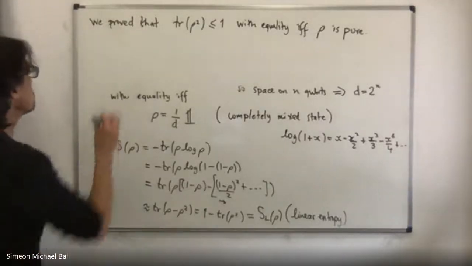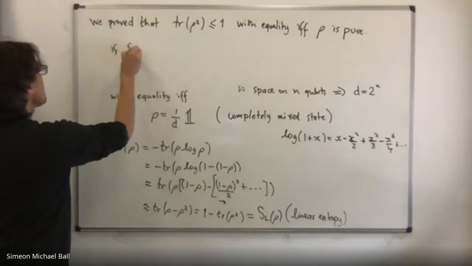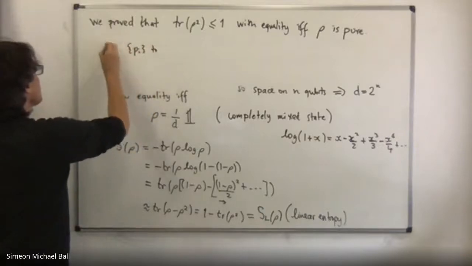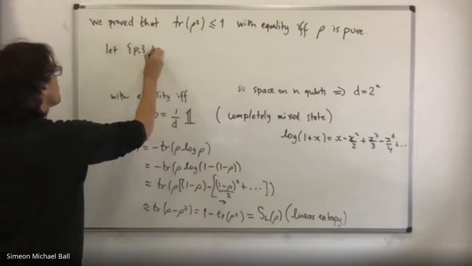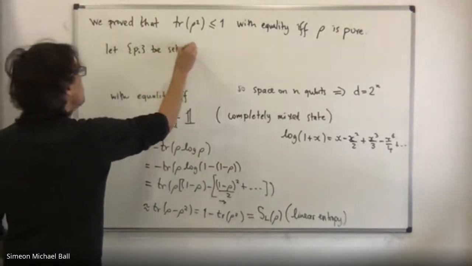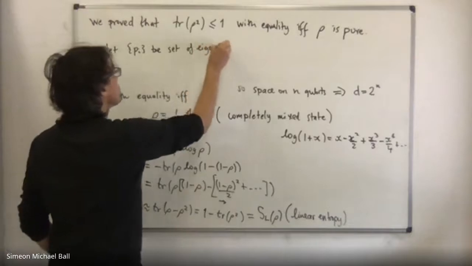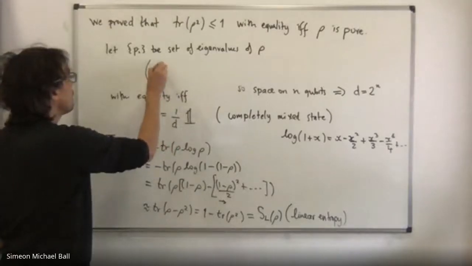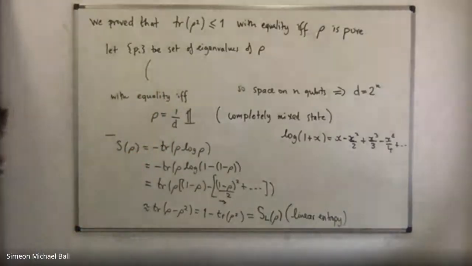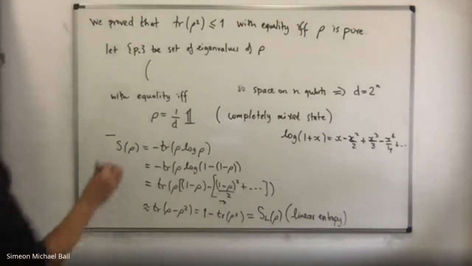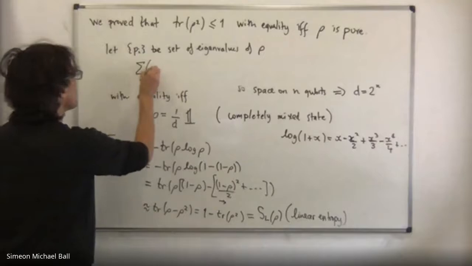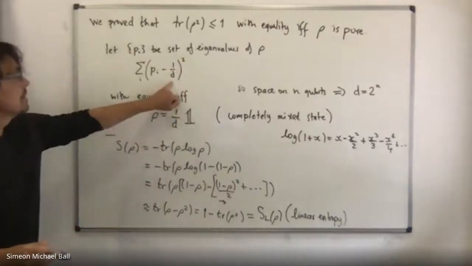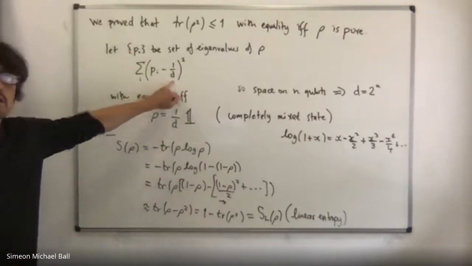There are other things that we could do. So if p_i are the eigenvalues of rho, then d is always going to be the dimension of the space that rho is acting on.